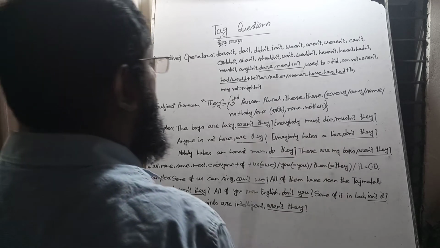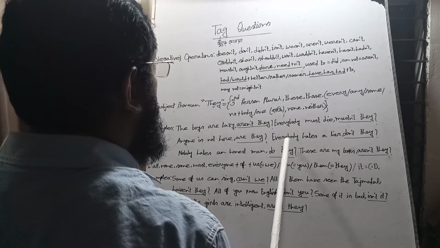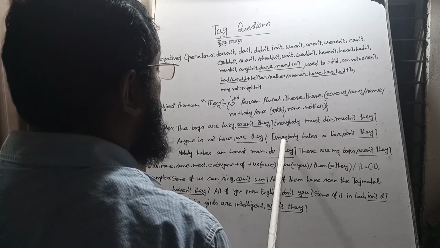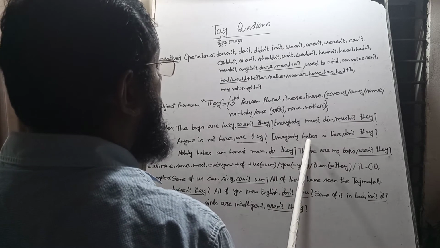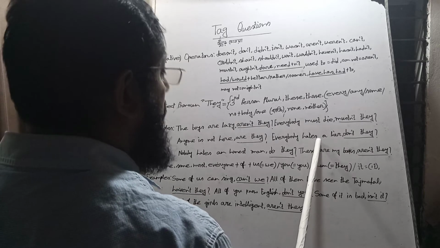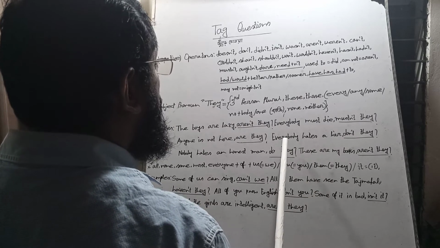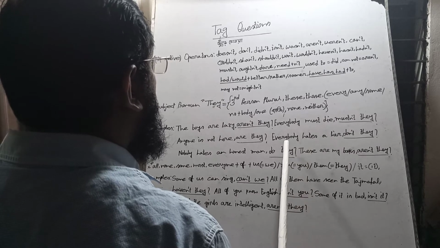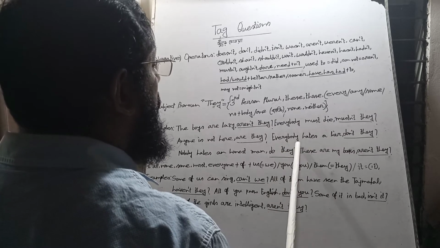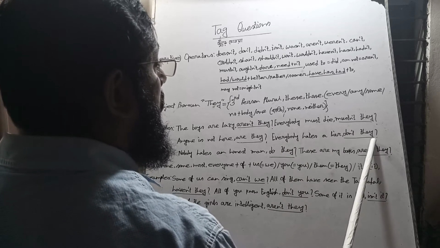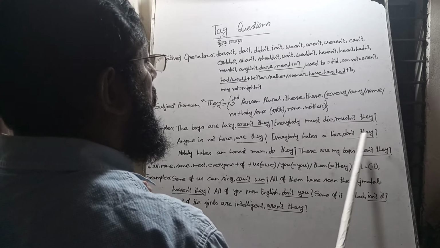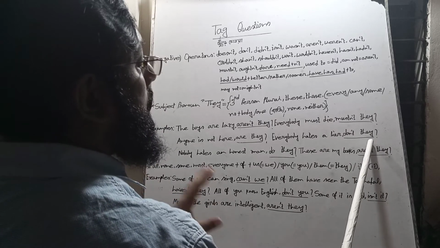Everybody hates a liar. It is present indefinite tense, subject everybody third person singular. So the head verb takes s or es. But when we use the pronoun instead of everybody, we take third person plural they. So the auxiliary verb will follow the subject third person plural they.